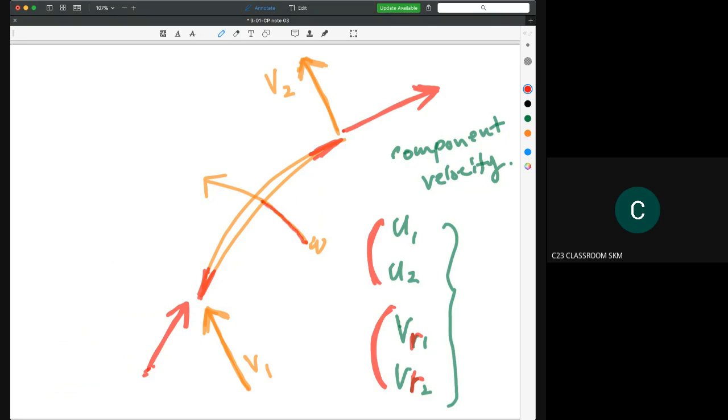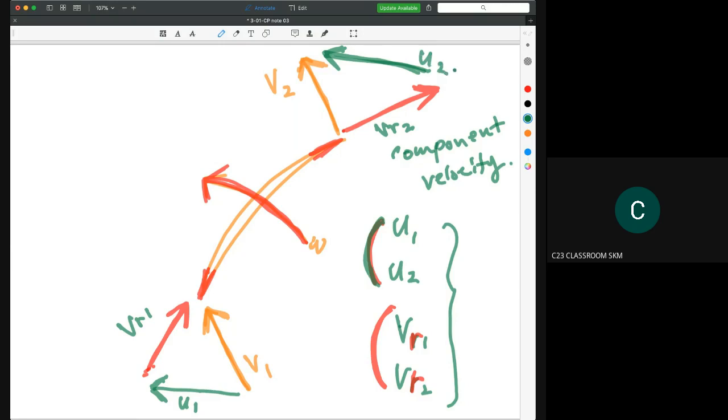Because the blade is moving counterclockwise like this, the velocity component regarding the motion of the blade will be like this, and it must also be like this. Okay. So now we have VR1, this is U1, this is VR2, and this is U2. Okay.